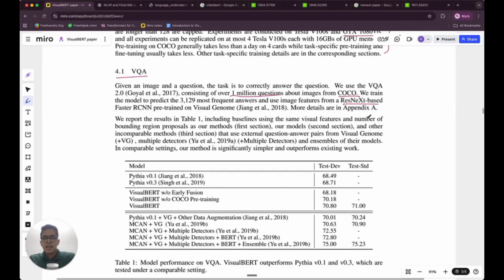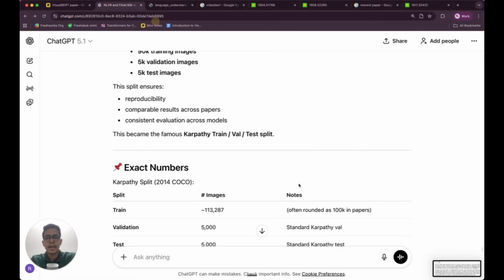Anyways, we report the results in table 1, including baselines using the same visual features and number of bounding region proposals as our method. Okay, one question that I have here, we can ask that to ChatGPT. We have 100,000 images or something and 1 million questions. And for all those 1 million questions, there are a lot of common answers. So let me ask ChatGPT to make sure whether that is indeed the case or not.